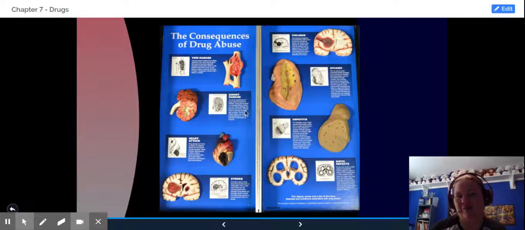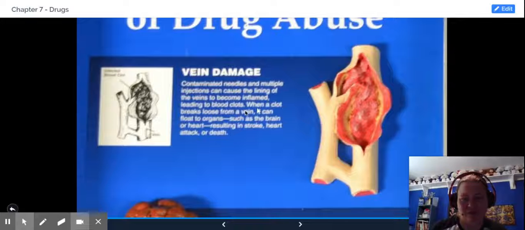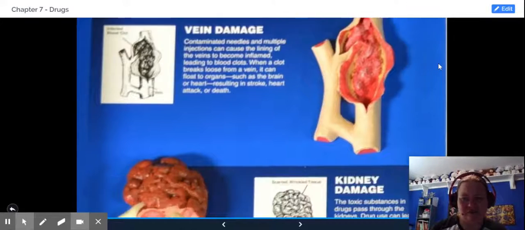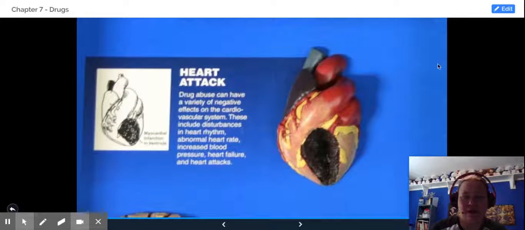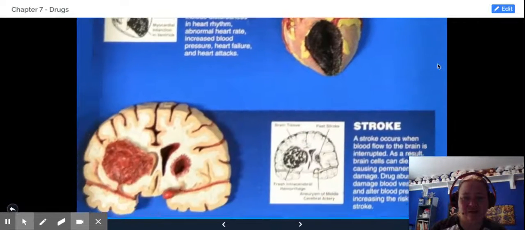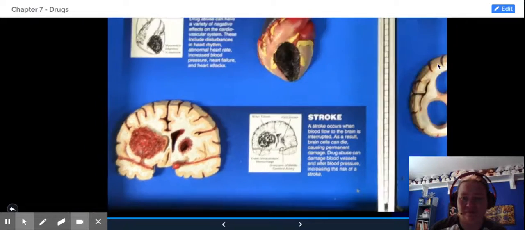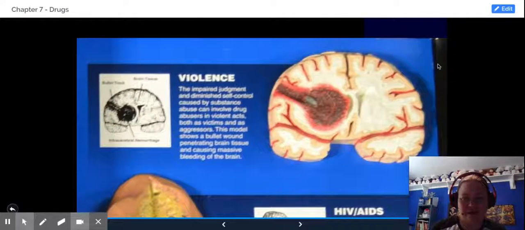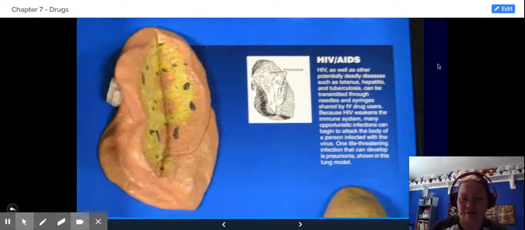And physically on the human body, these are not good. It can cause vein damage, blood clots, ruptures, kidney damage, heart attack, stroke. It can kill you. Violence. HIV or AIDS.